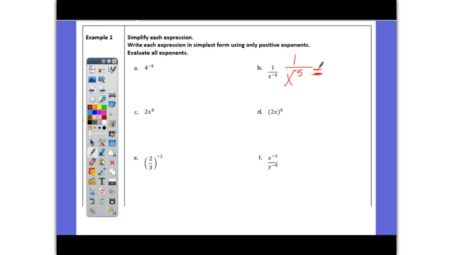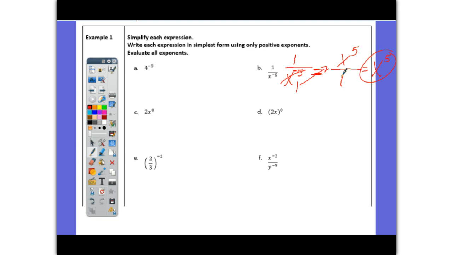All right, yes. There's a couple answers that I accepted there. We changed its attitude. We have x to the 5th power over 1. I accepted that. What was my favorite answer? X to the 5th power, because when 1 is your denominator, you don't need it there. I wouldn't have counted it wrong.